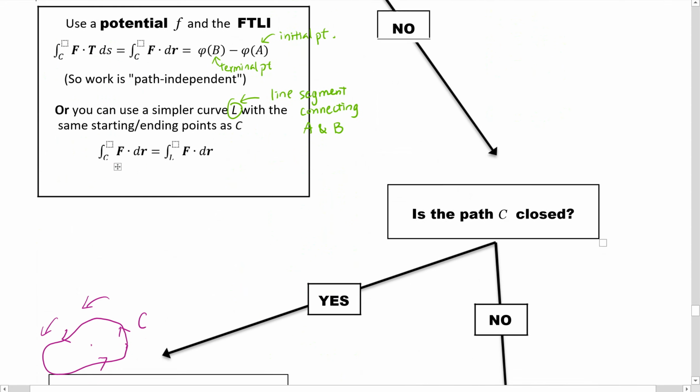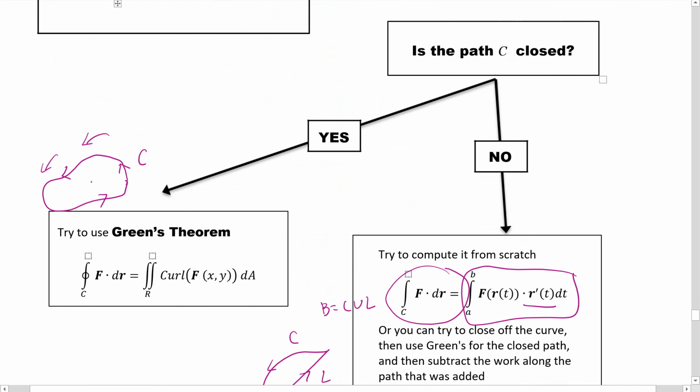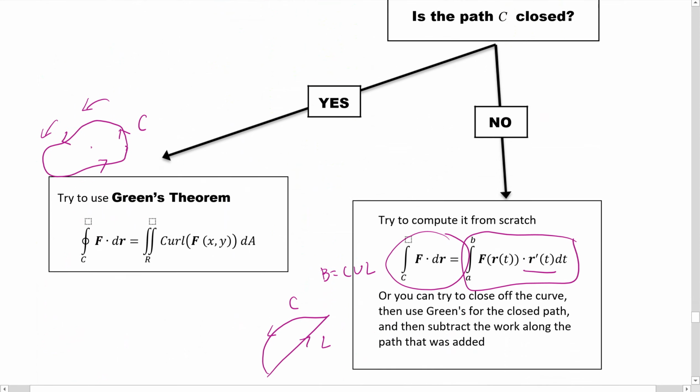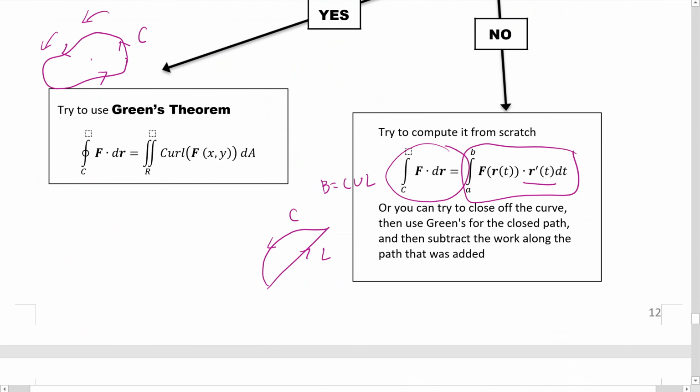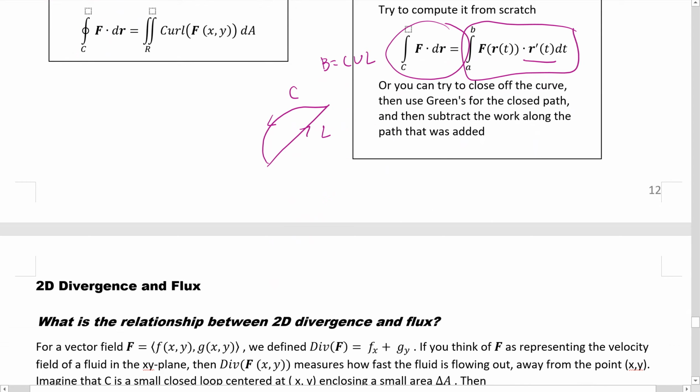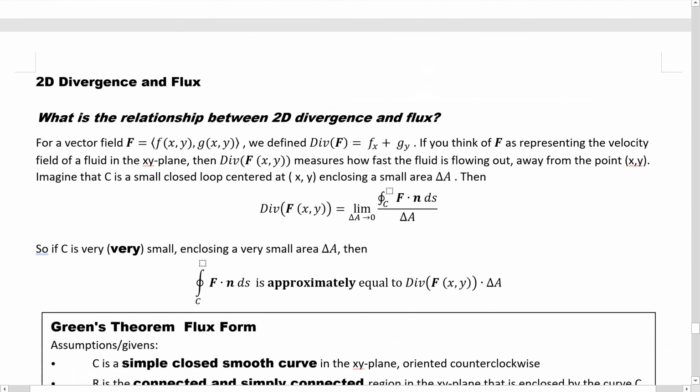Yes or no? If it's no, second stage, is the path closed? Yes or no? And we use different methods. I hope that you can follow this flow map, and then you can do some examples and understand more. Examples can help us to understand.